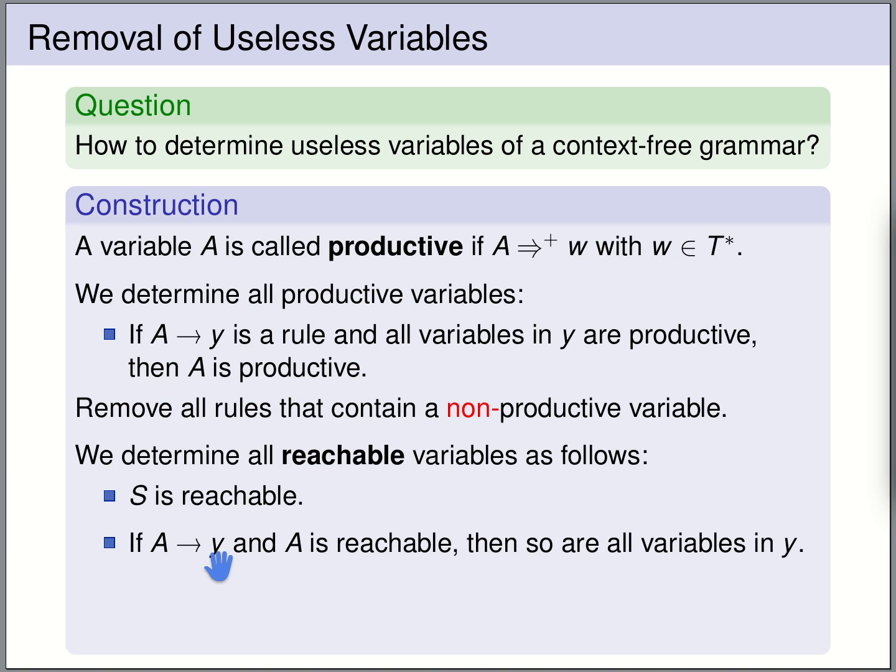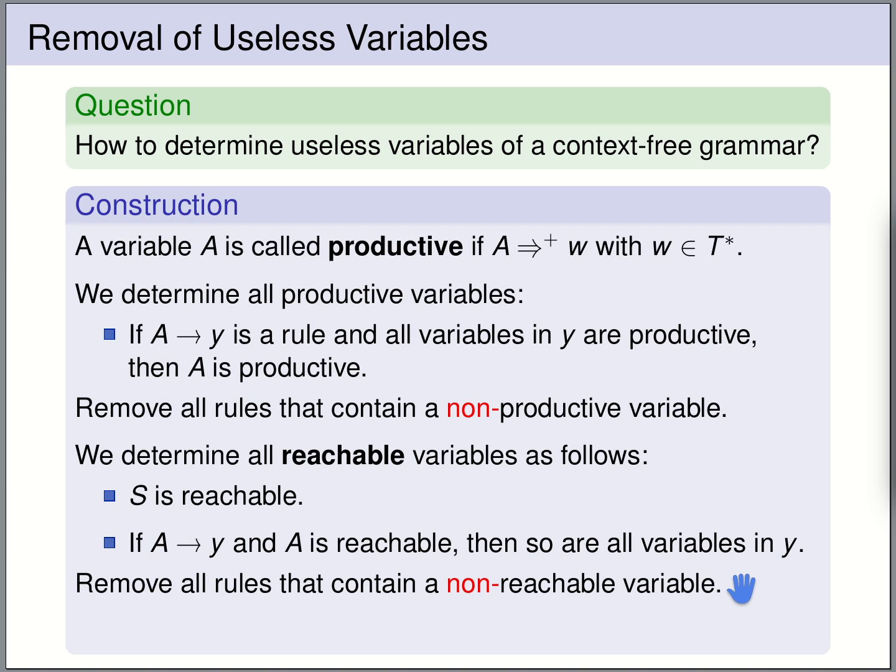Now we use this to determine all the reachable variables of our grammar, and then we drop all those rules that contain a non-reachable variable. So if you have a variable that is not reachable from the starting variable, then this is useless and you can drop the rule from the grammar.